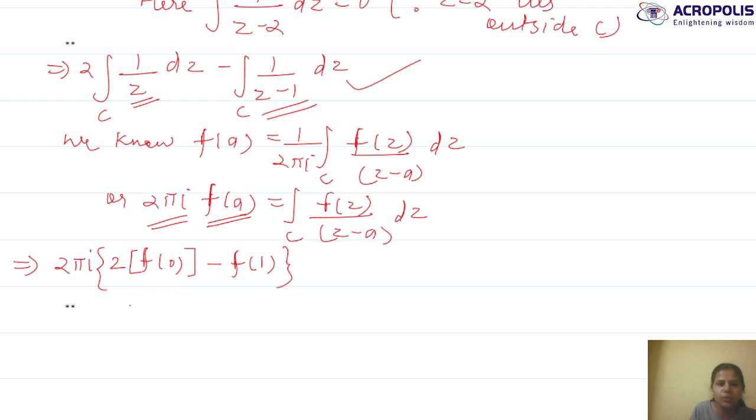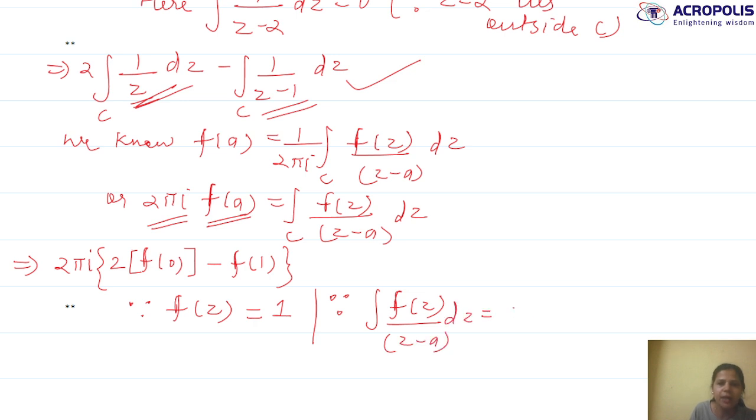Since f of z upon z minus a dz is the form, if we compare with the integral 1 upon z, then f of z is 1.